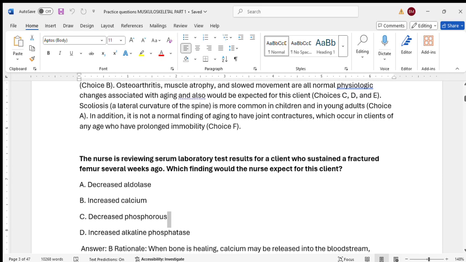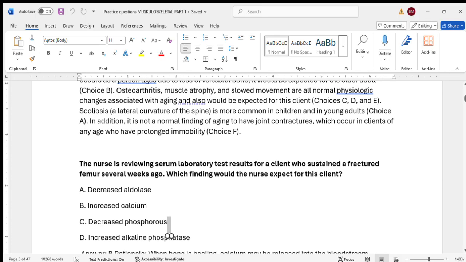The nurse is reviewing serum laboratory test results for a client who sustained a fractured femur several weeks ago. The question is, which finding would the nurse expect for this client? Which laboratory?